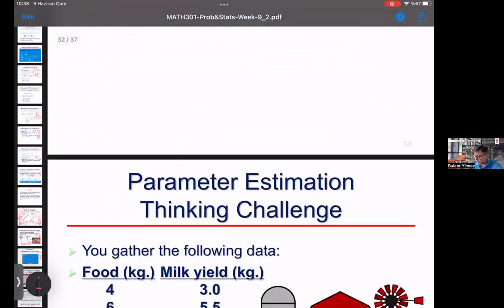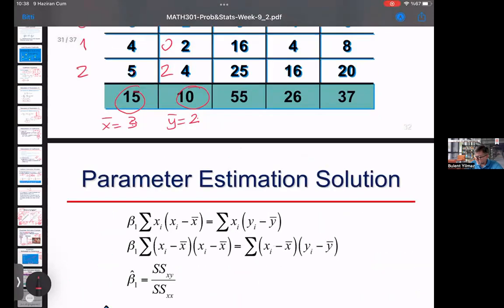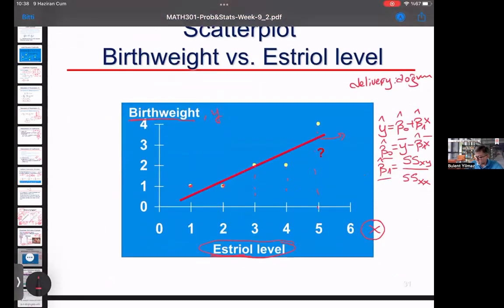So if you think about this line, what is my prediction line? 0.7x minus 0.1. This is my prediction line. You see, this will go to minus values. The slope is going to be 0.7. And now I can say if the mother's estriol level is 2.5, can I find the corresponding birth weight of the baby?